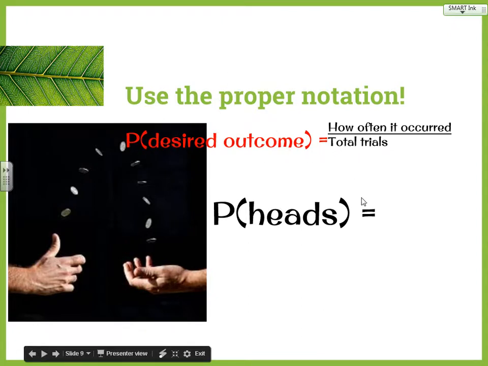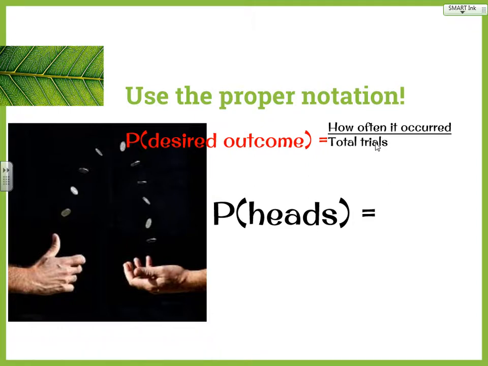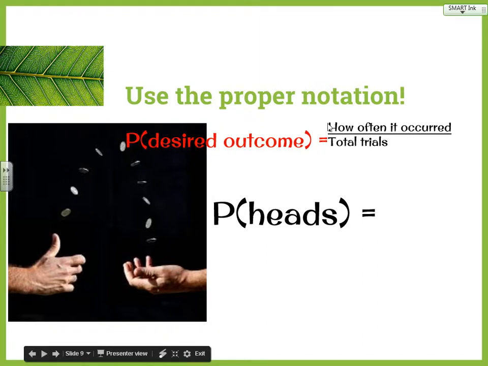When you're looking at your tree diagram, you're going to think about the actual probability. So however many different combinations you found, that's what you're going to put for total trials. However many different ways make a match, that's what you're going to put for how often it occurred. Do your best with this. And when you get those questions answered, check them over with your partner and see how you did.